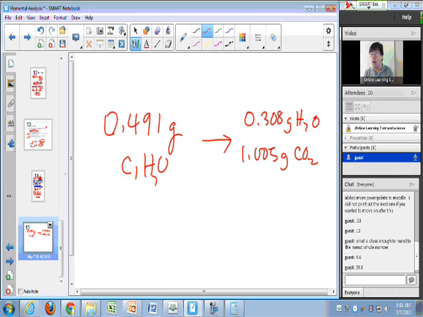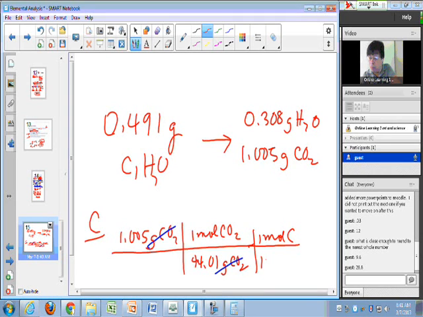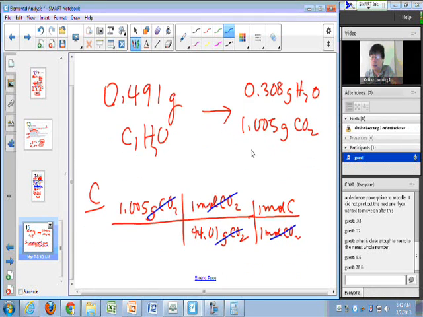All right. So what do we do now? We figure out carbon. So we change 1.005 grams CO2 to moles. 1 mole of CO2 is 44.01 grams. And then you say you have 1 mole of carbon in 1 mole of CO2. That gives you moles of carbon. And then you do the same thing for hydrogen from water.